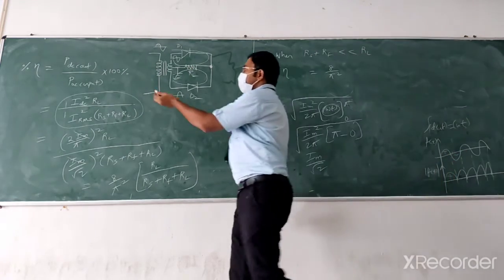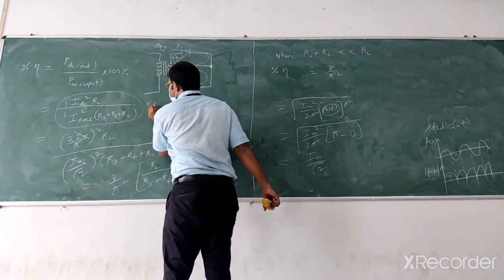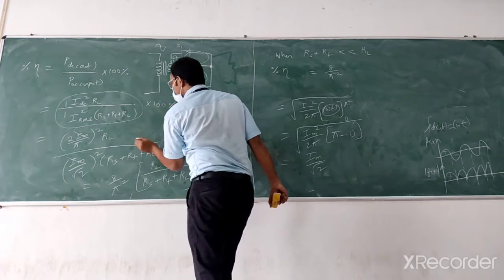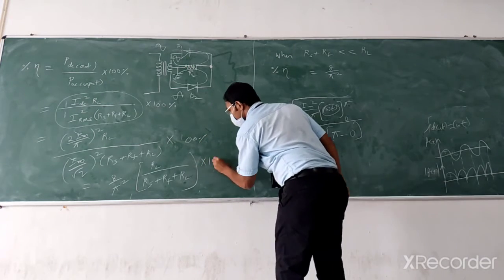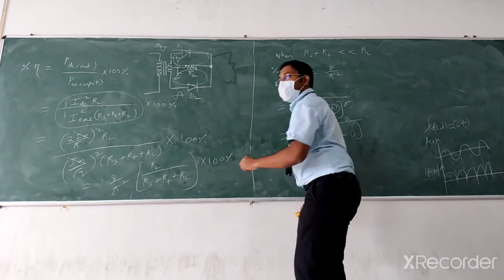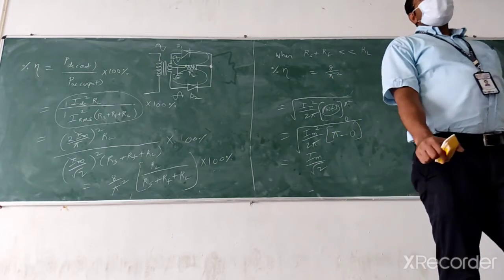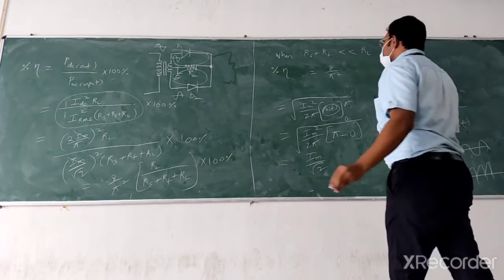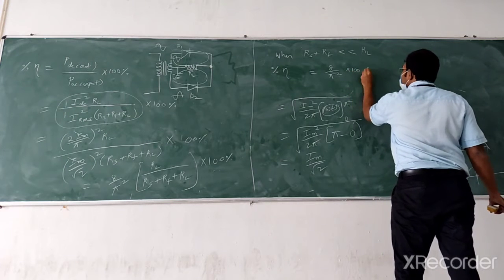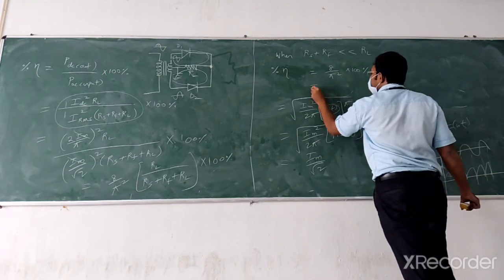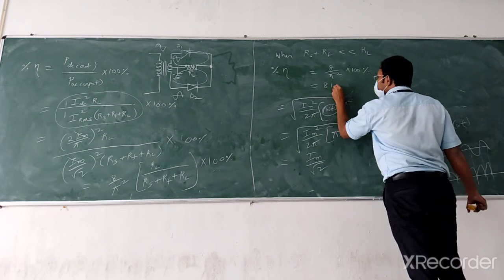Right. So percentage efficiency is 8 by pi square into 100. So how much will this be? Tell me. 80.